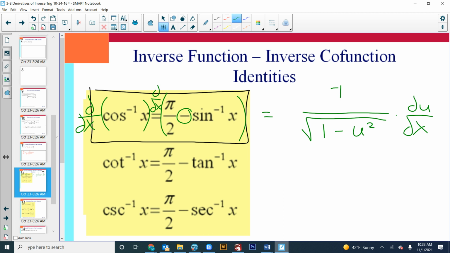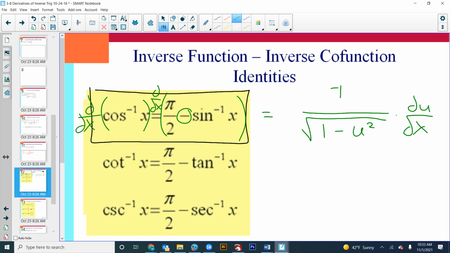Some of you are giving me that look like, I have no idea what you're doing. Help me out. So the derivative of cosine inverse of u is the opposite of sine inverse of u's derivative.